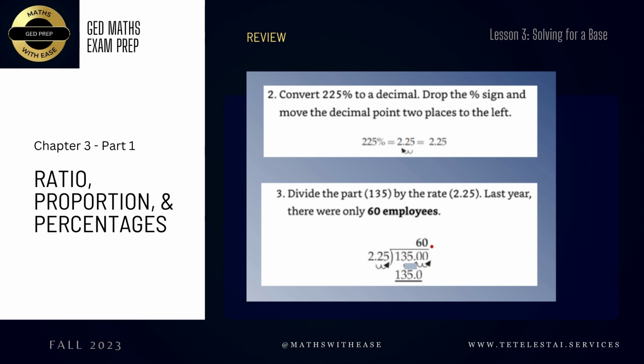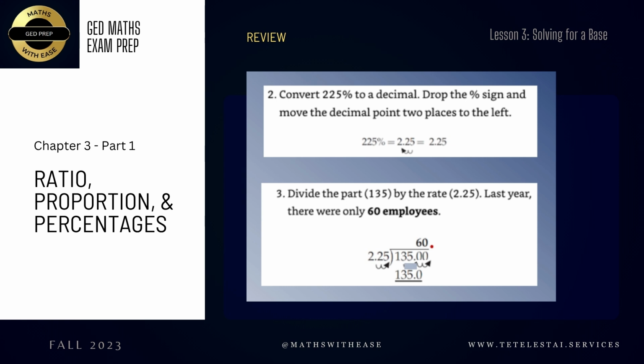Skip over to the next place value. How many times does 225 go into 135? It doesn't. So we skip over to the next place value, which is the thousands place. How many times does 225 go into 1,350? The answer is 6.